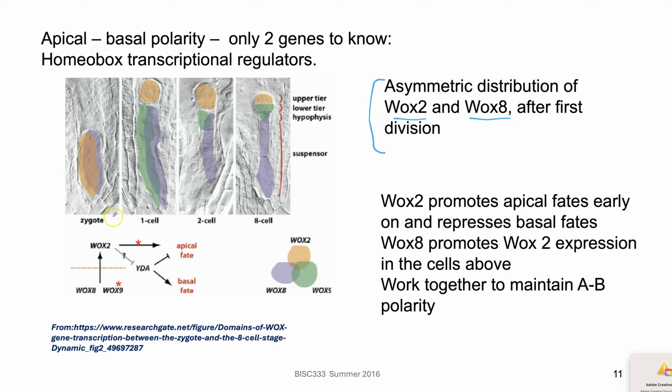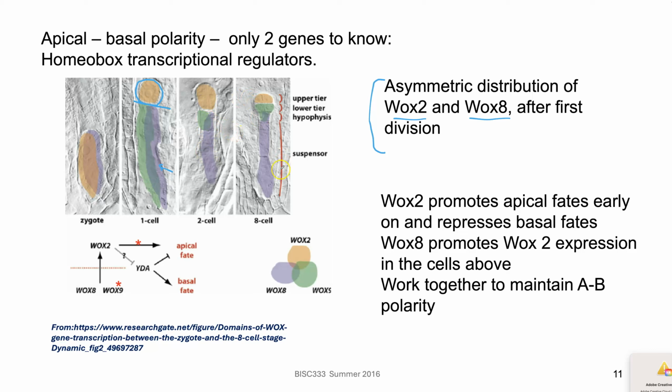And so the idea is just that when you look at your embryo, the zygote at first, you can see that the proteins are sort of everywhere there. But after that first division, where the embryo is one cell and then you've got the suspensor down here, now you have WOX9 and WOX8, and we're only going to focus on WOX8 in the basal cell, but WOX2 is expressed only in the apical cell.